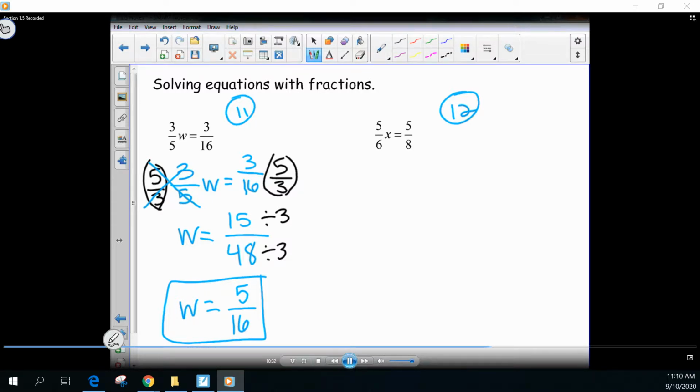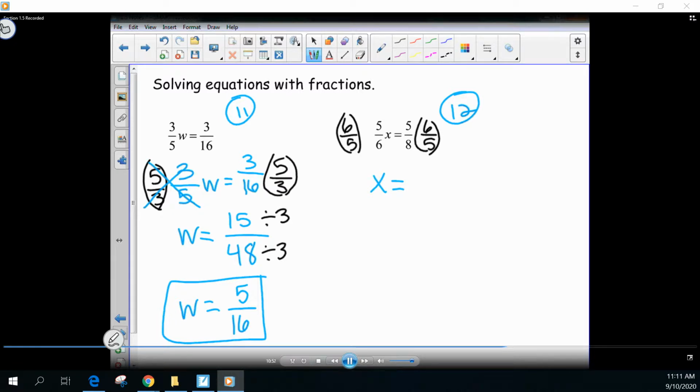Okay, number 12 is the same process. 5/6 x equals 5/8. So I need to flip and multiply that. So I need to take both sides times 6/5. So on the left-hand side, that cancels out, and I'm left with x.